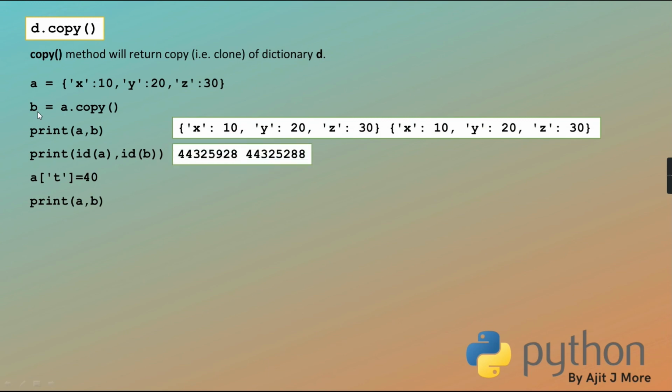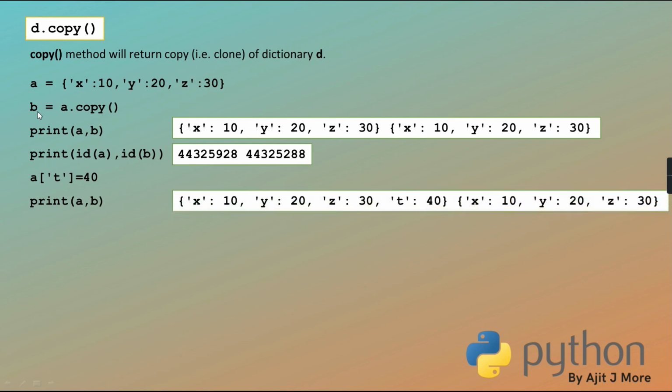This proves that the copy method is not returning only the reference. It's creating a clone and then returning the reference of that clone. Getting? And now when I add one key T in A, it is only in A, not in B. See, the T is only in A, not in B.